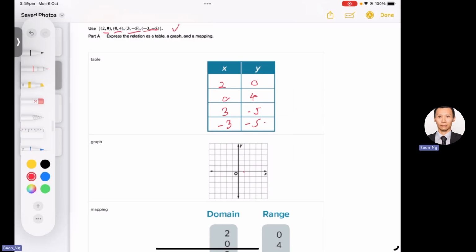So we can do 1, 2, 3, 4, negative 1, negative 2, negative 3, negative 4.